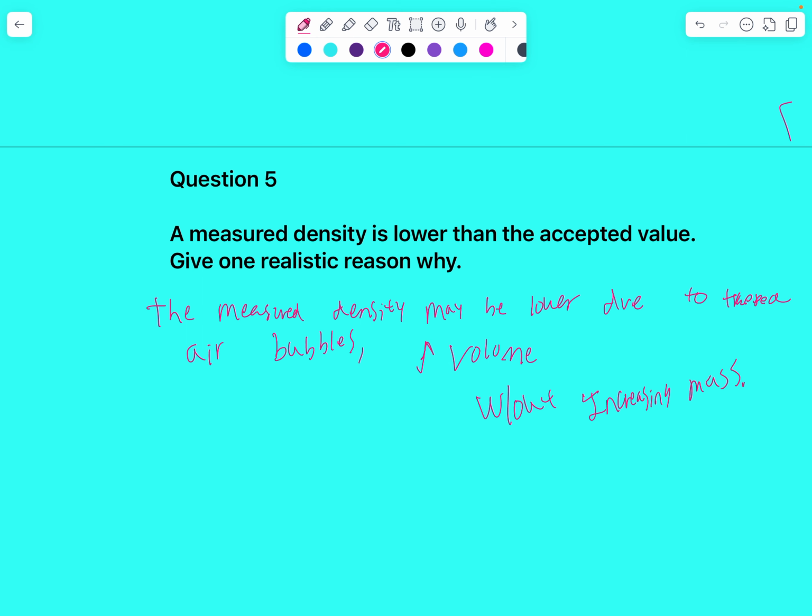This shows you understand the experiment, not just the math of it.